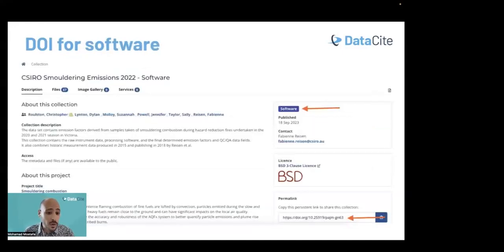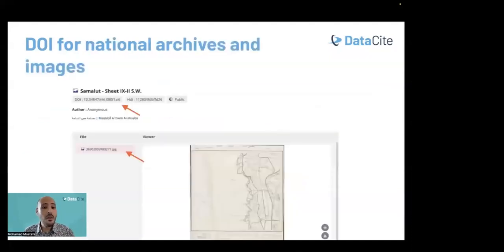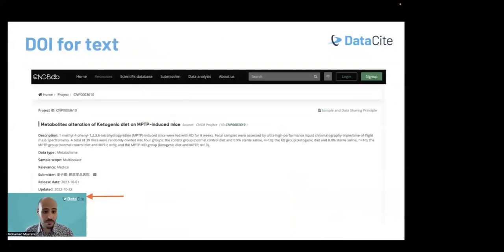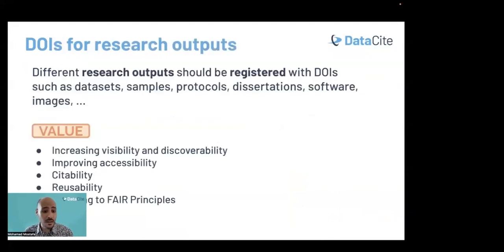This is an example of software code that has been developed while conducting the research and also shared with the community. This is an example also of national archives and images. Now they are using a digital object identifier to refer to these outputs. This is another example of text files stored in an institutional data repository, and they are using DOIs for that.